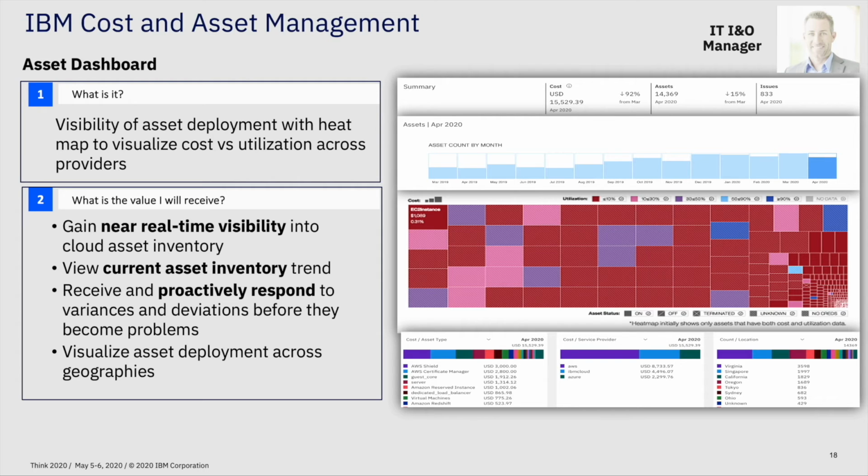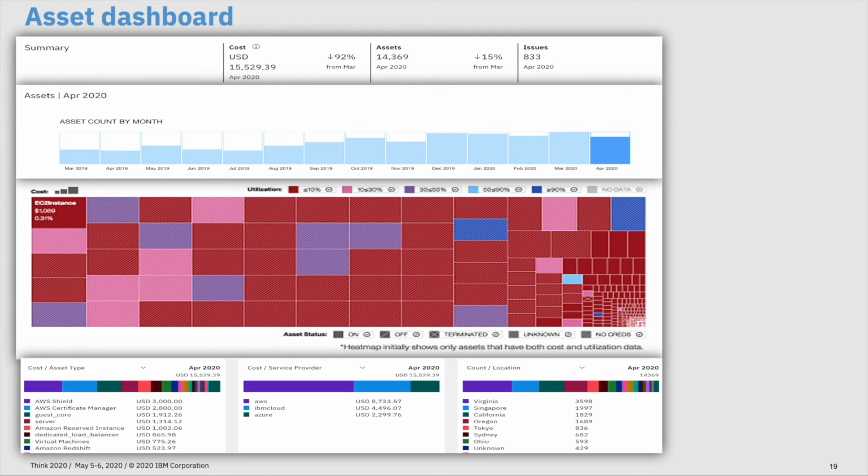So you get basically near real-time visibility into how the assets are going, their cost, and their utilizations, and to basically proactively respond to variances and deviations before they become problems. And you can also basically get visualization of how these assets are deployed across various geographical locations of the public cloud providers. Let's have a look at the asset dashboard more specifically.